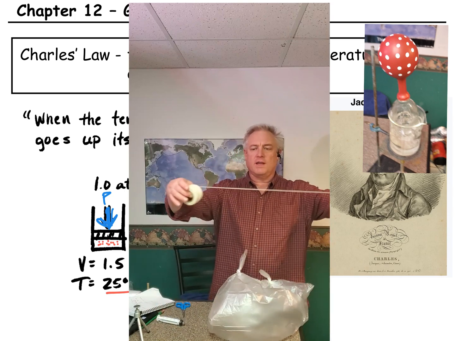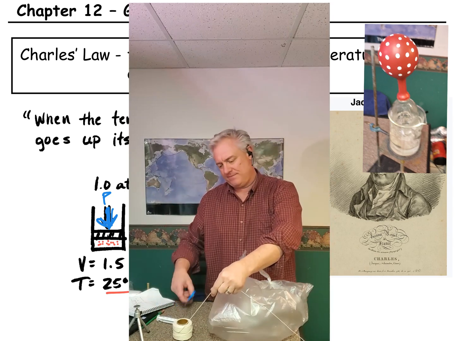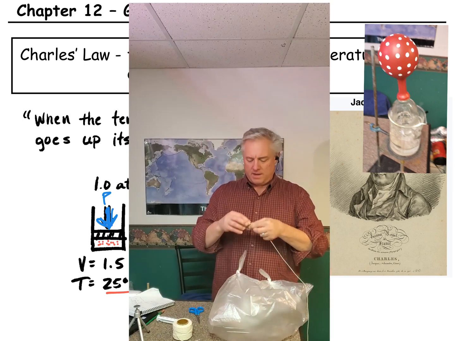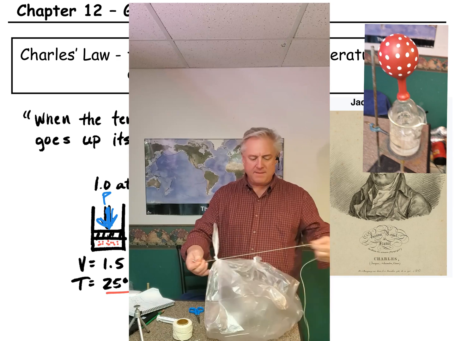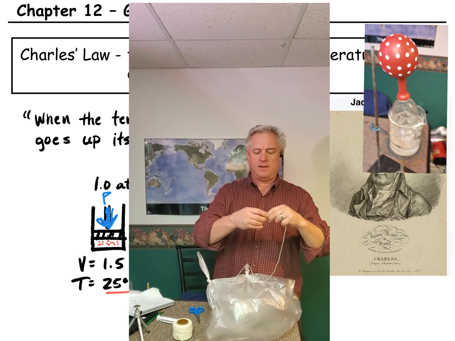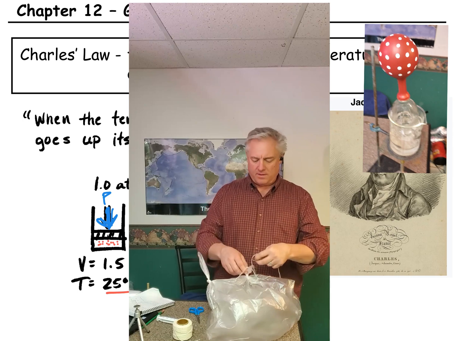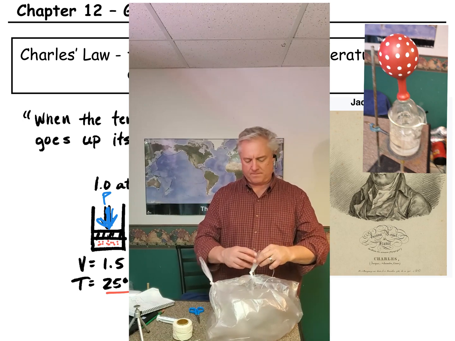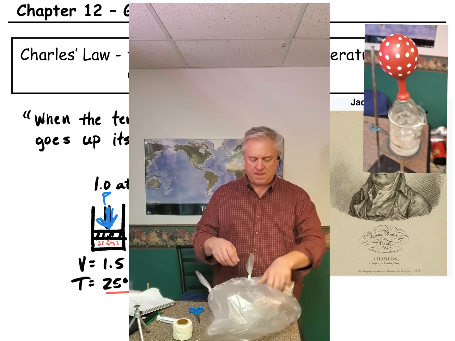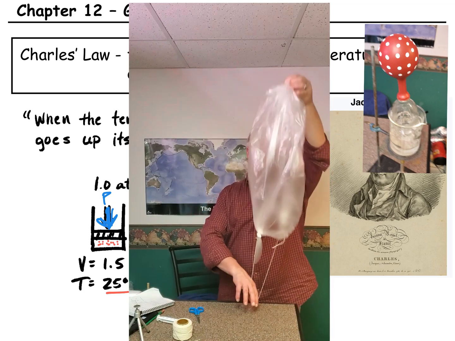Piece of string, that's for ballast, to kind of weight it down. Tying a loop on one end, I'm going to put that over the one knot. Tie a loop on the other end, put that over the other knot. And we have a hot air balloon.